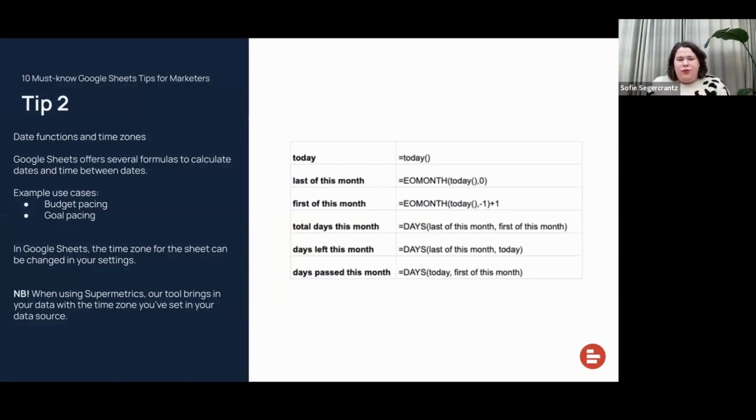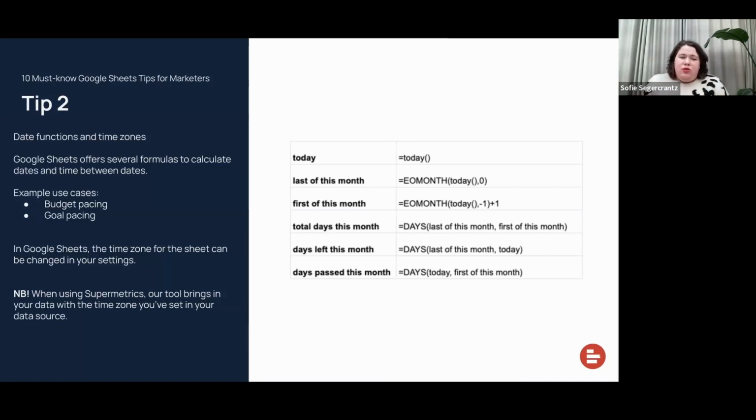So I'll show you a few formulas in a moment in a demo, but being able to automatically pull in what date today is and how many days there are in the month will really help you automate those calculations and stay on top of how you're doing in comparison to your goals or your budget.